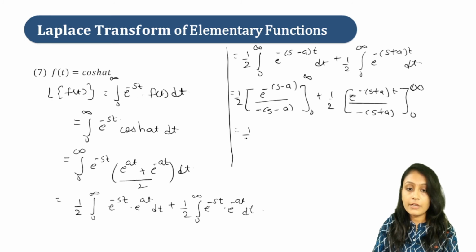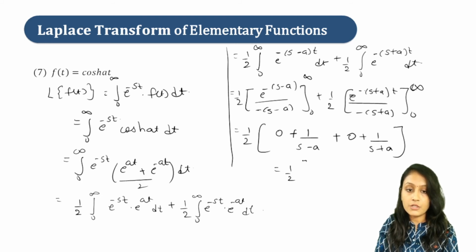Take this 1 by 2 outside and substitute the limit, so e raised to minus infinite is 0. Here we'll get 0 minus, now minus minus will become plus and e raised to 0 is 1, so 1 upon s minus a, plus, here e raised to minus infinite is again 0, minus minus will become plus, so here we have 1 upon s plus a.